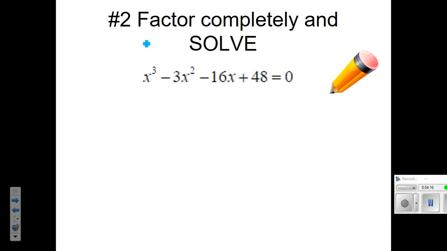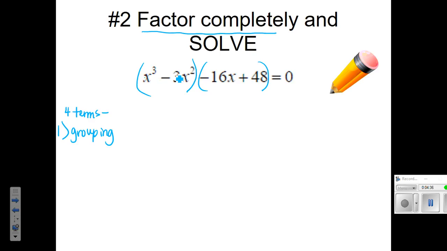All right. Factor completely and solve. Knowing our factoring, I have 1, 2, 3, 4 terms. 4 terms right away means I am going to do grouping. So the first type of factoring I am going to use is grouping. Group these two, group these two. What do they have in common?